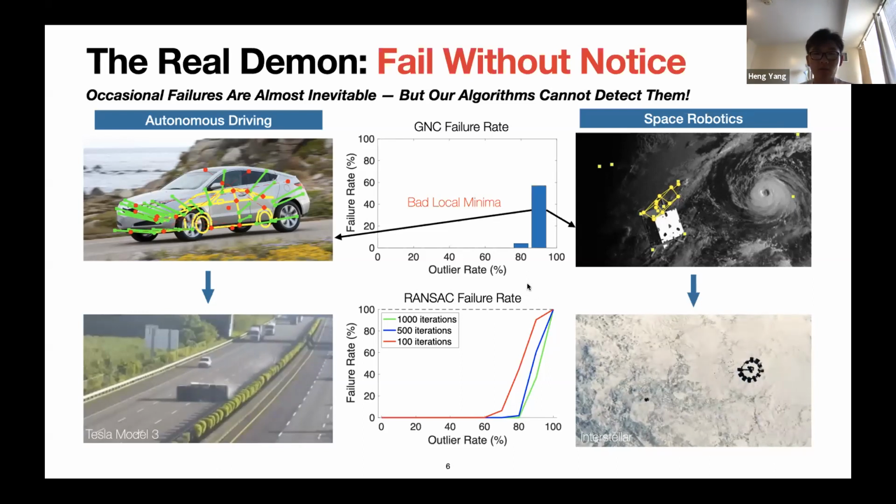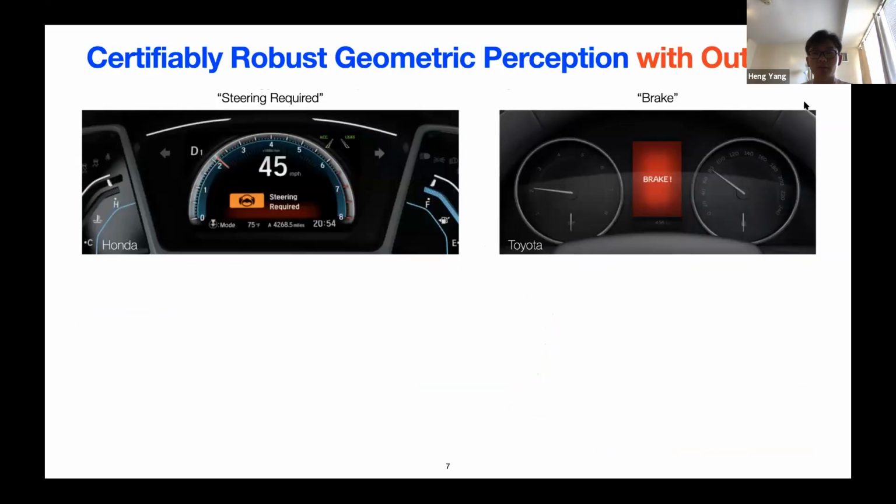So what we propose in this workshop is to use certifiable robust geometric perception with outliers. In a nutshell, I think these ideas already exist in current driving assistant systems.